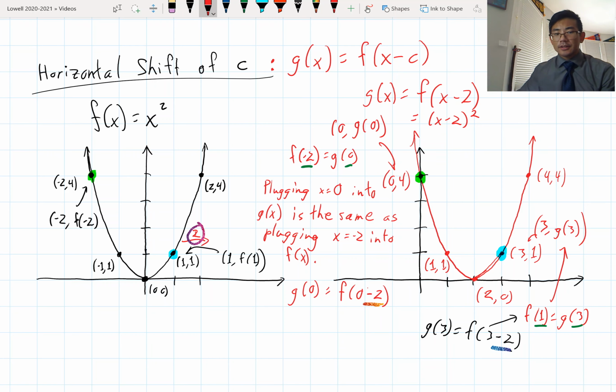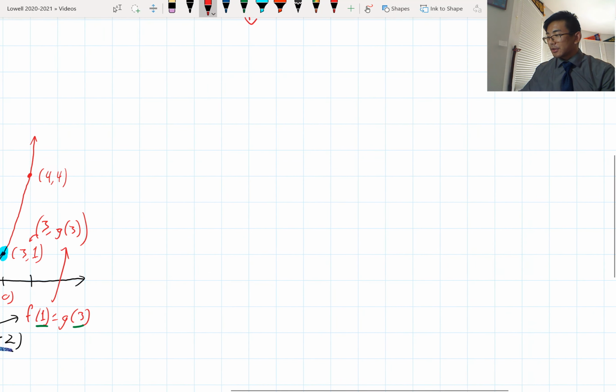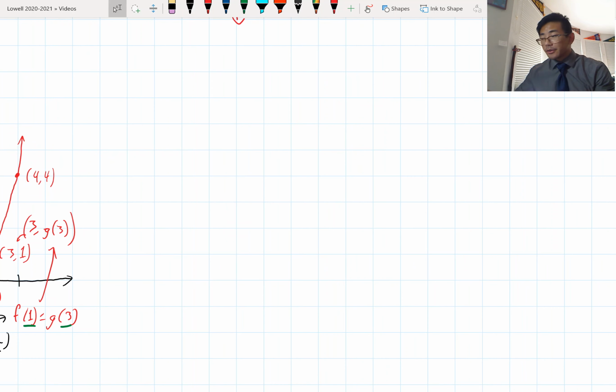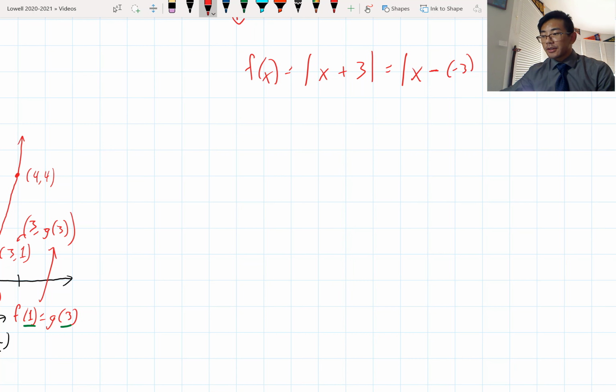Quick example of this, if I actually graphed one, so let's go back to the absolute value one. Sorry, let's graph f of x is equal to the absolute value of x plus 3. Then if I'm thinking of it in terms of horizontal shifting and what is my c, this would be absolute value of x minus negative 3.